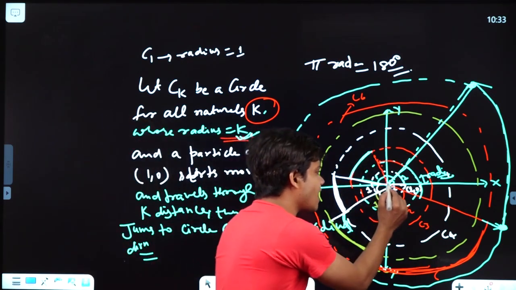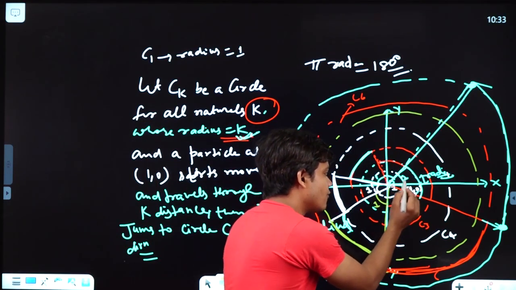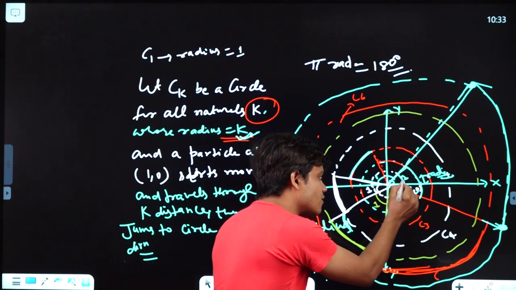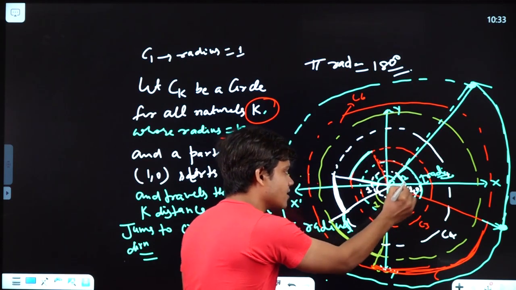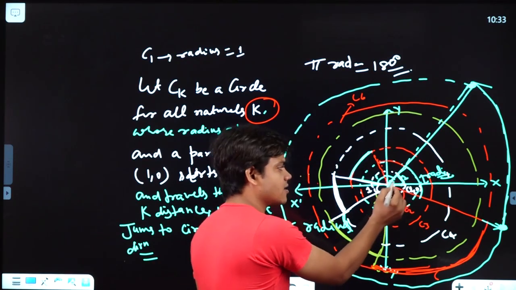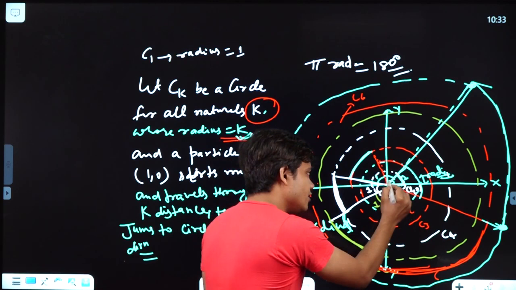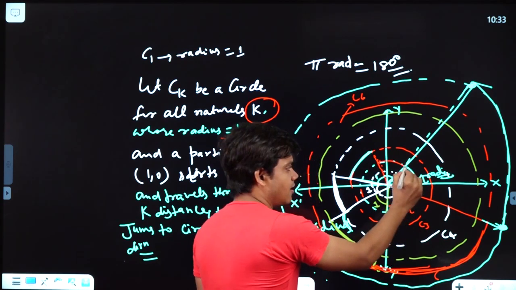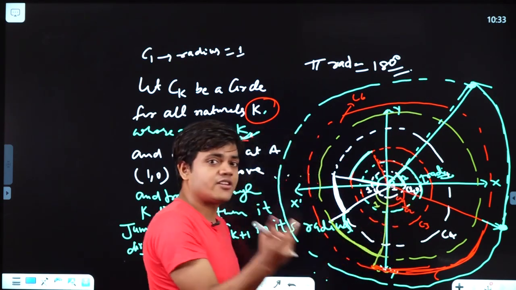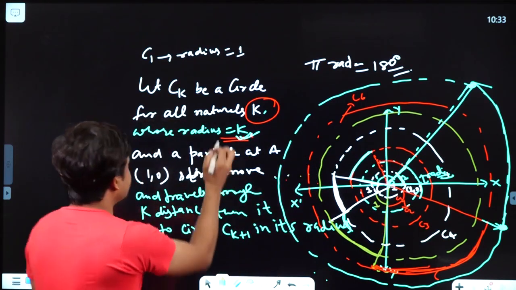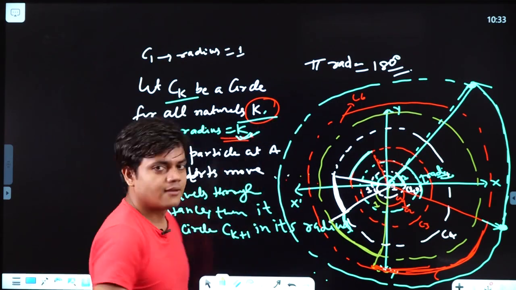The particle starts to move from (1, 0), and after moving in one direction a length equal to the radius as arc length, it jumps to the next circle. The next circle has radius 2 because that is C2. Ck has radius k.